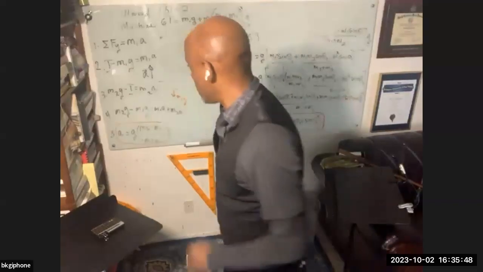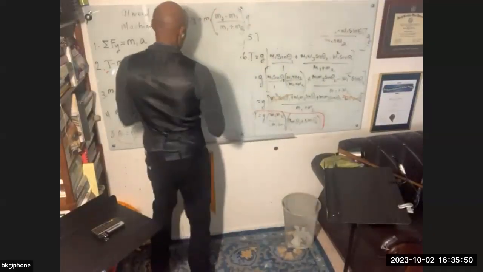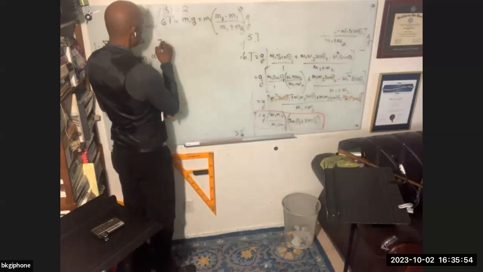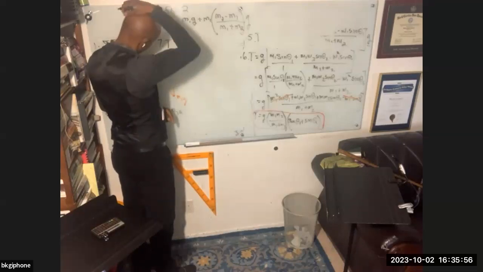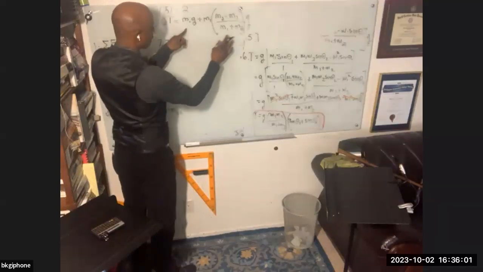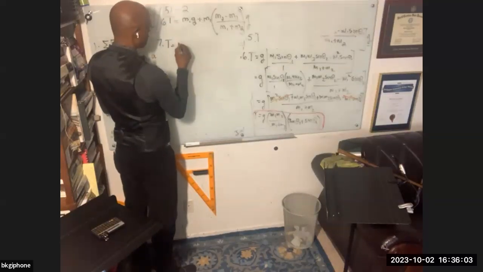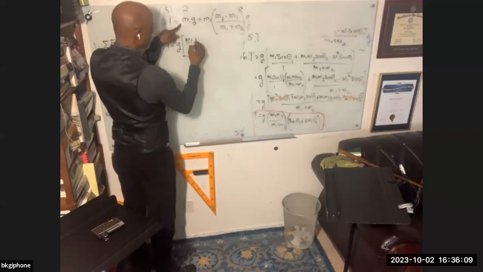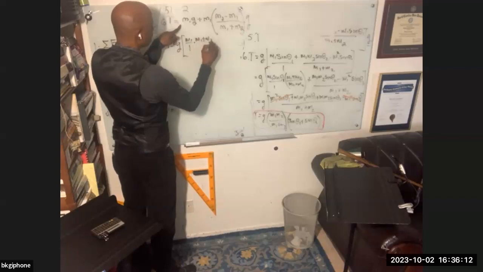Dr. Gamble, can you show the solution for tension? Oh yeah, I can write it down. So T. Doing it like how I put all the steps in here, you have to have a common denominator, and I'm factoring out the G. So I'm going to have an M1 over 1, but then the common denominator is going to be M1 plus M2 over M1 plus M2.